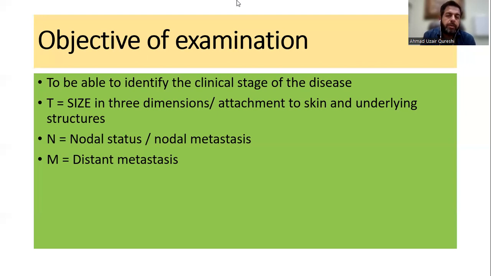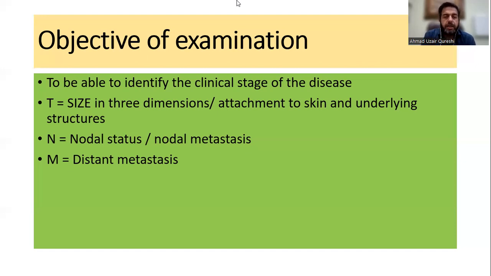You need to know T1, T2, T3, and T4 and how they are classified according to the AJCC, and that would help you complete your examination. You are not going to miss anything.